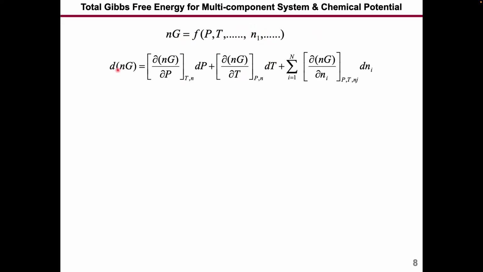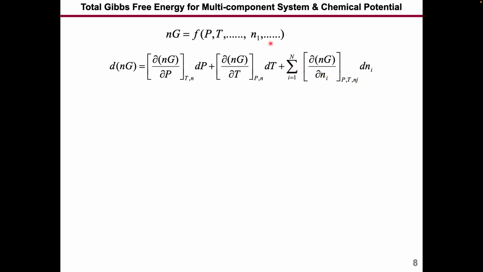Now we can take a differential form: d(NG) is the partial derivative with respect to T, holding everything else constant, dT, and with respect to P, dP. And then you take the partial derivative with respect to Ni, holding Nj constant.